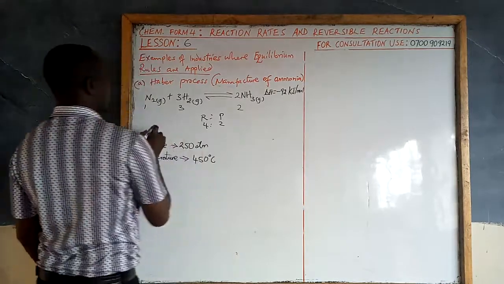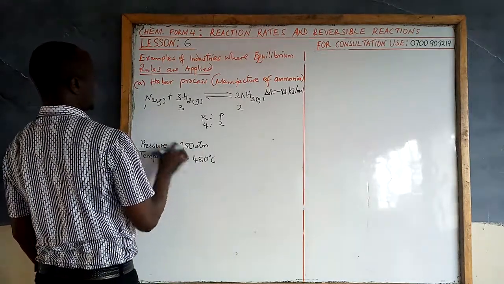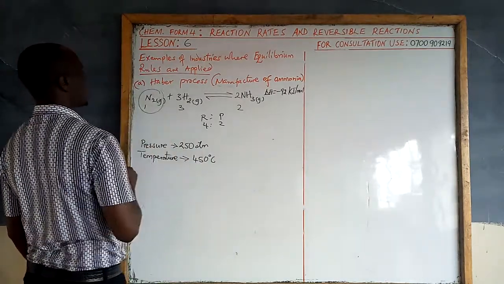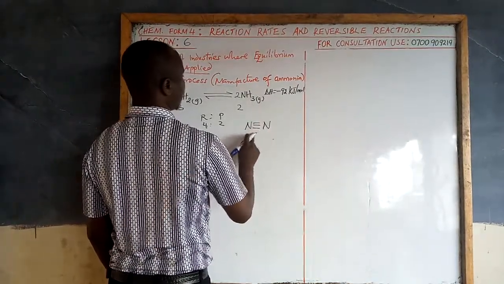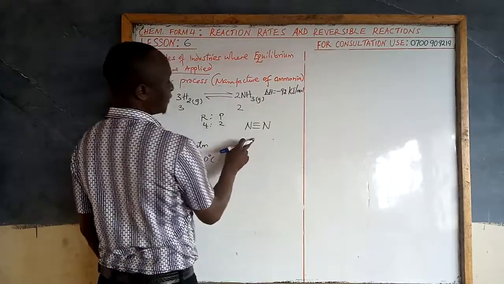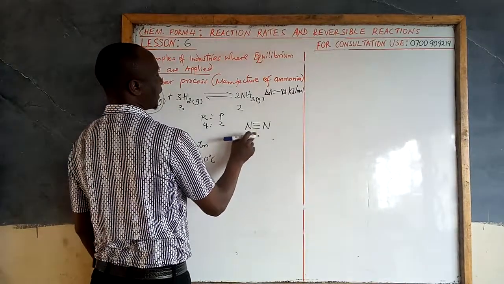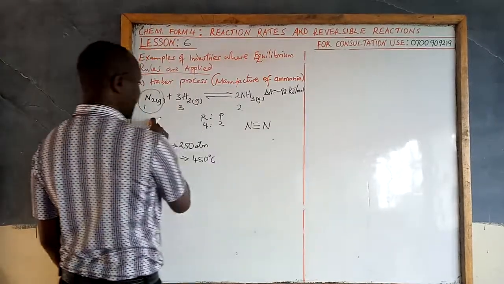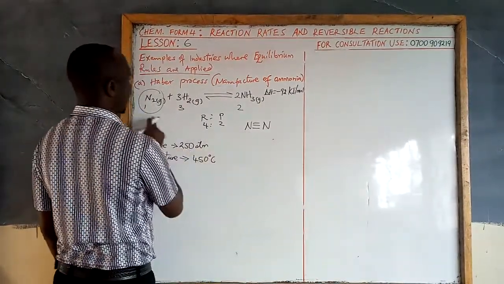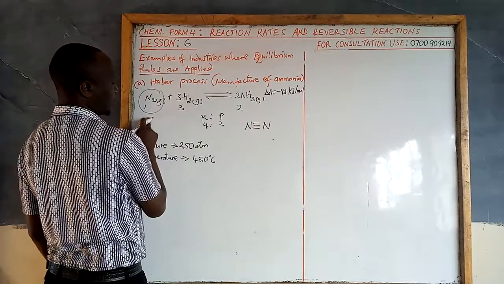The reason why this temperature is used is because of the nitrogen-nitrogen triple bond. This triple covalent bond is very strong. A lot of heat energy is required to break this bond. So for the nitrogen to react, high temperatures are required.